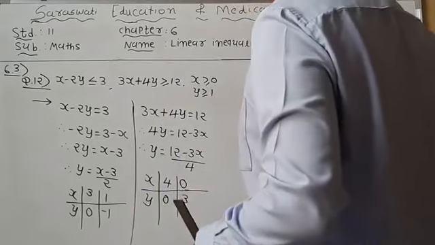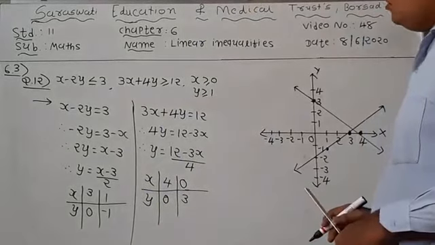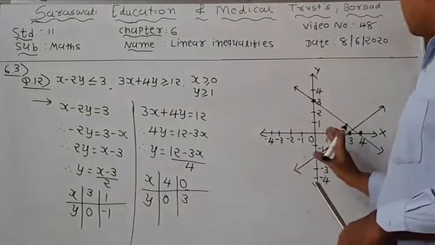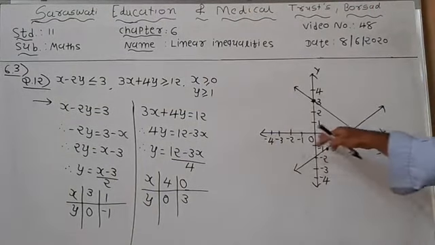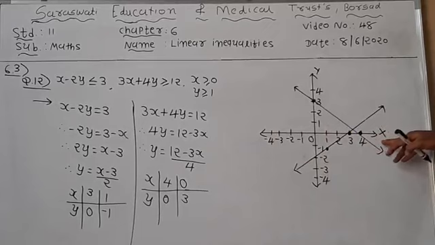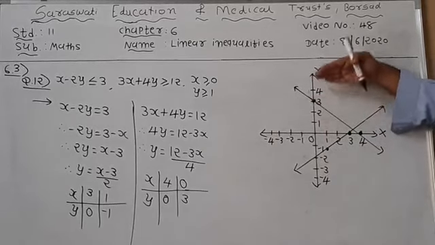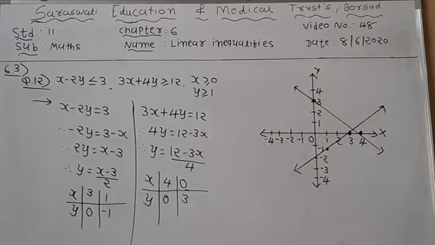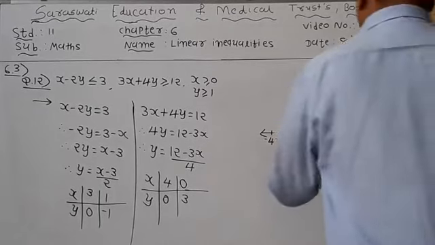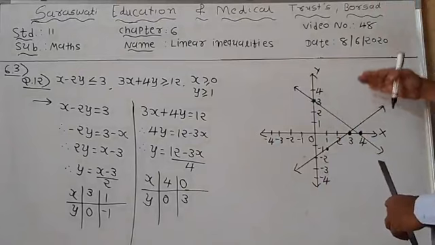x greater than equal to 0, that means the y axis is present here, right? x greater than equal to 0, that means the shaded portion is on this side.